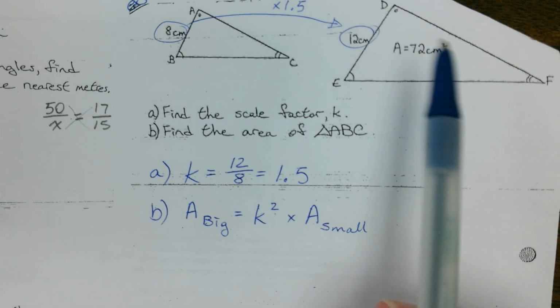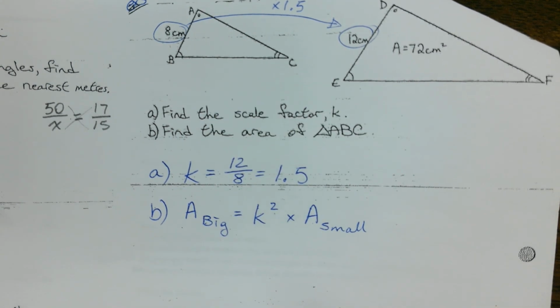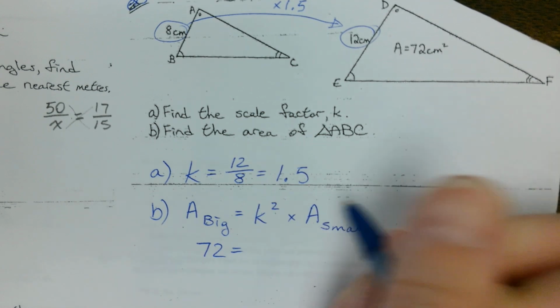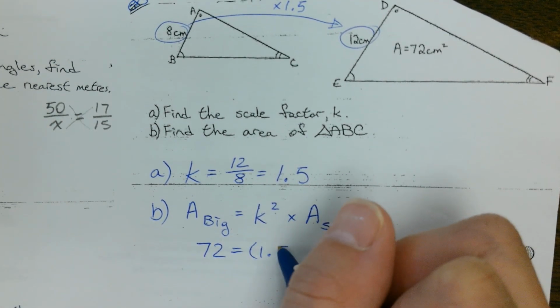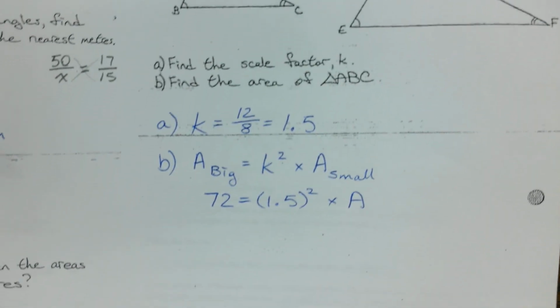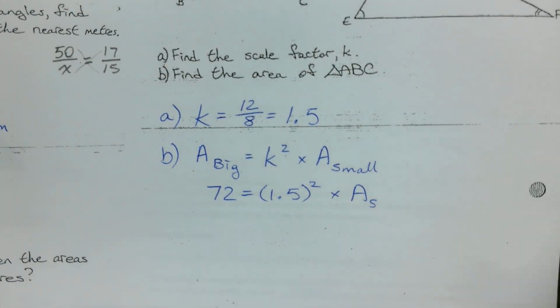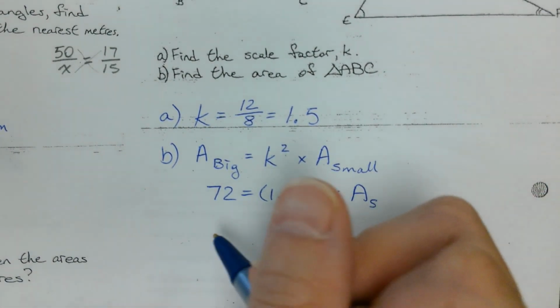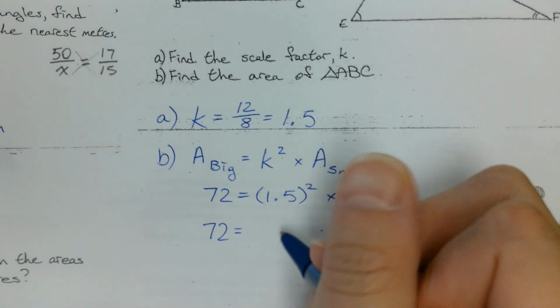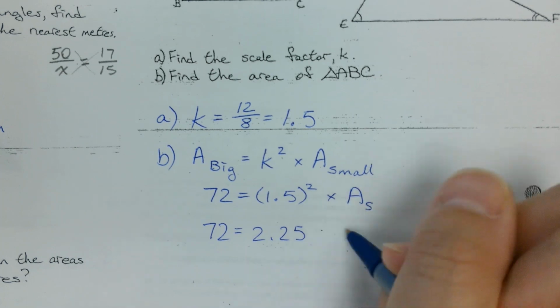Do we know the area of the bigger or the smaller one? The bigger one, so 72 equals 1.5 squared times the area of the smaller one. 1.5 times 1.5 is 2.25.